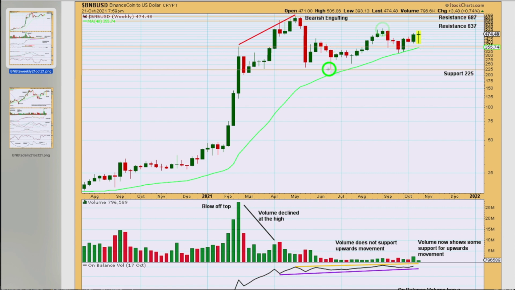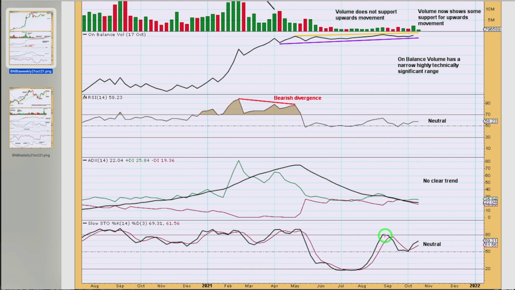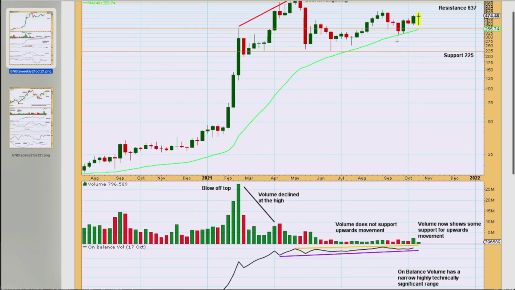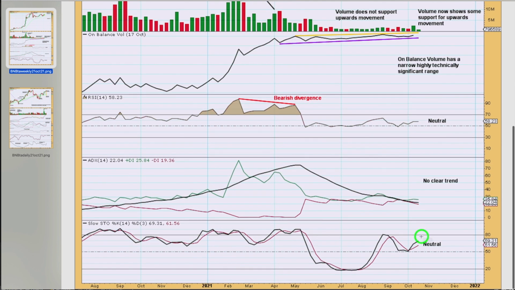Resistance here, support here. Here's an upward swing. What happened on that upward swing? Stochastics barely reached overbought. Almost tried to, didn't quite manage. Downward swing to midway within the consolidation zone, and stochastics is midway. Testing resistance again. Stochastics still not able to reach overbought.